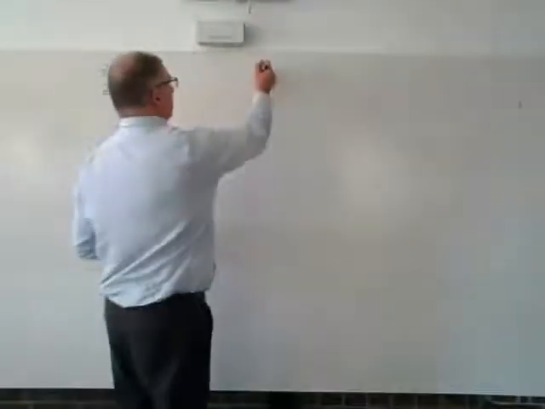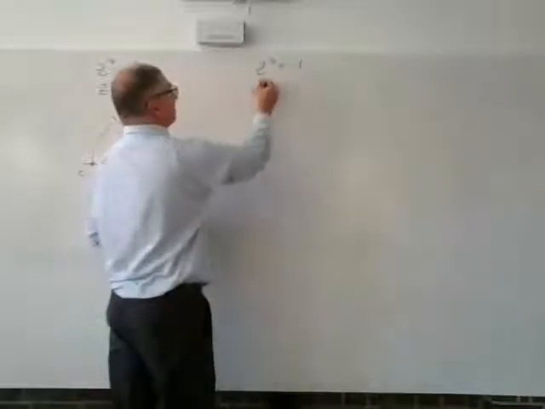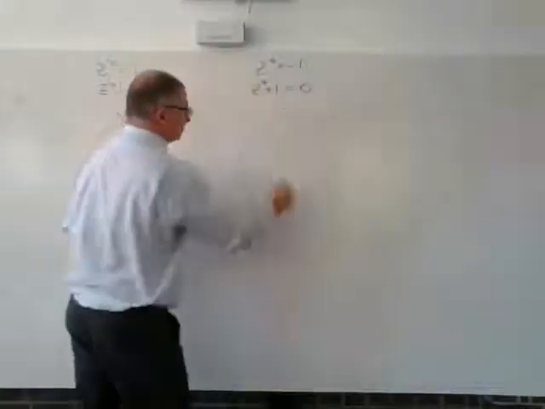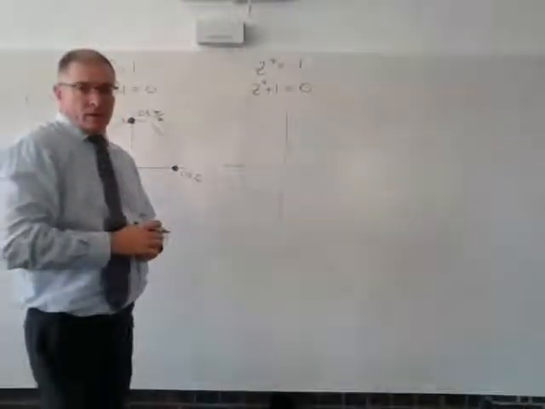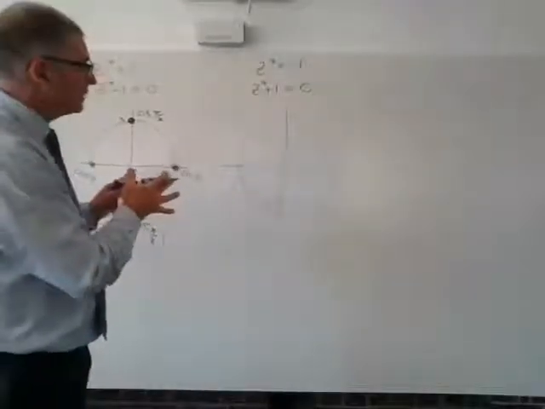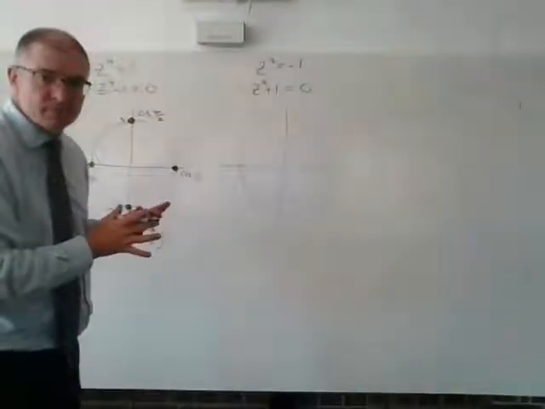Now, if I had z to the 4 equals minus 1, that's z to the 4 plus 1 equals 0. They're just going to be rotated so that we have no real solutions.